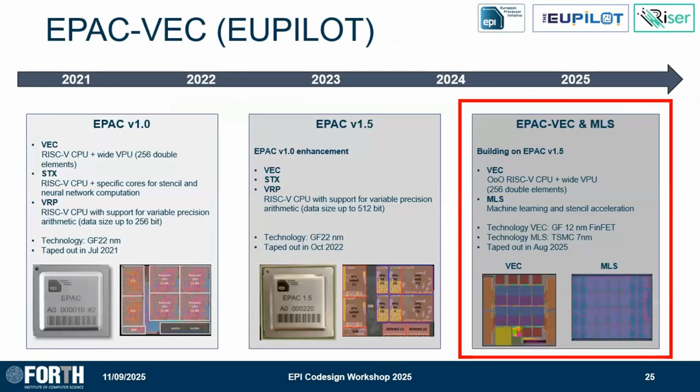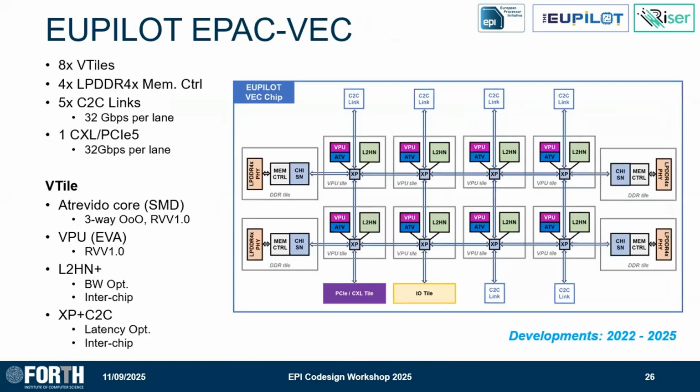And now it's part of the EU pilot VEC. What has happened here is that it builds on EPAC 1.5, and we have a lot bigger chip, a new technology, 12 nanometer FinFET. So we can fit in a chip that has been taped out 8 V tiles, so more cores and more advanced cores, as we will see.